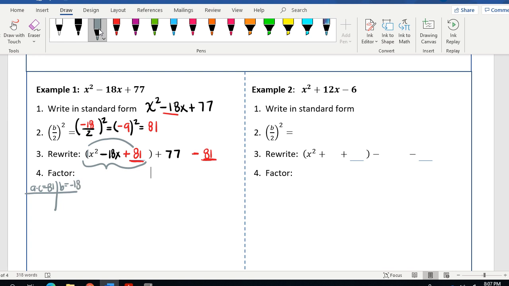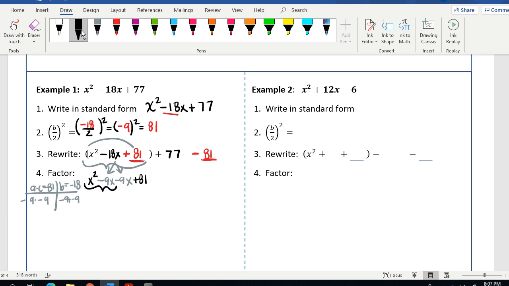All right, and I'm already thinking in my head, negative 9 times negative 9, or negative 9 plus negative 9. I'm going to bust up my middle term of negative 18x into negative 9x minus 9x. Drop my first term, which is x squared, and then drop my 81.